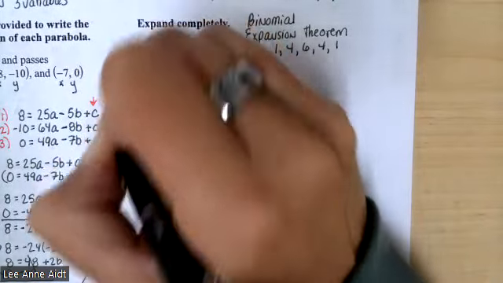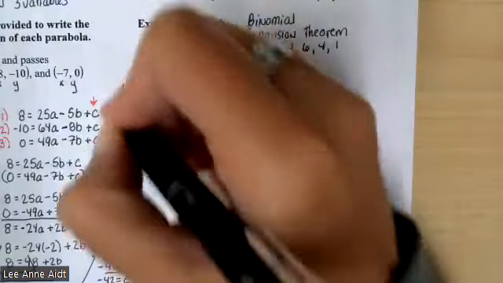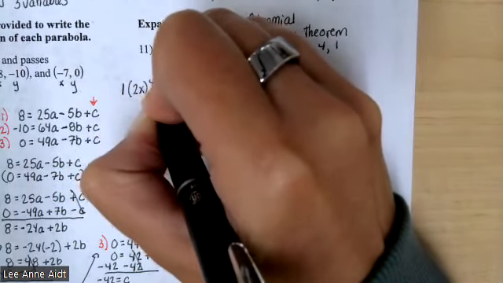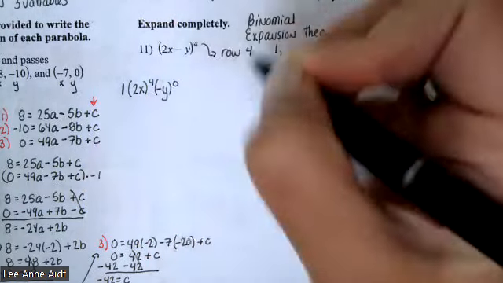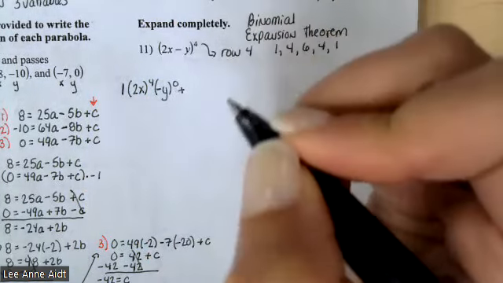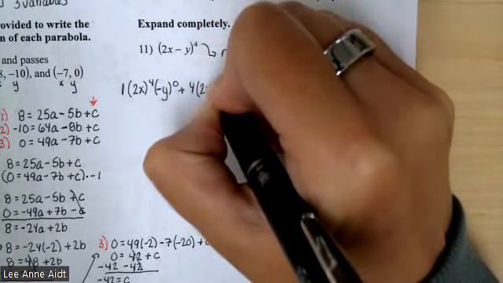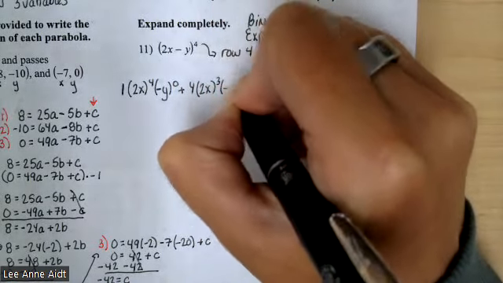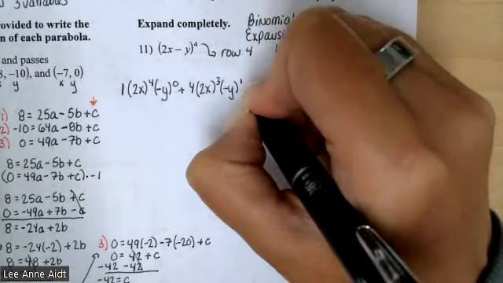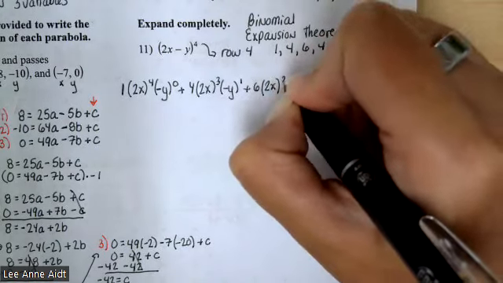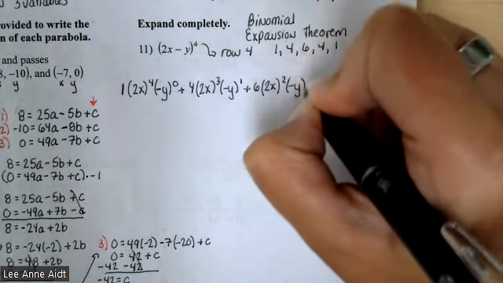Okay, so start with 1. Front seat to the full power, back seat to the 0. Plus 4, front seat down, back seat up. Plus 6, front seat down, back seat up.